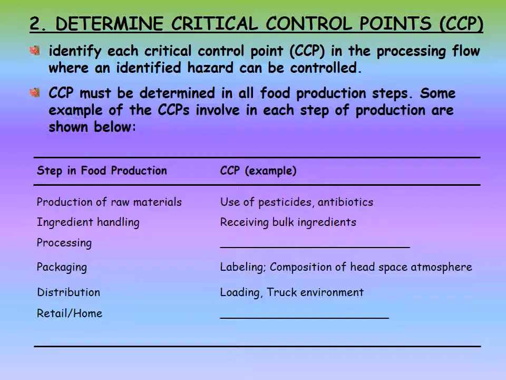For the processing, some of the CCPs involved are product formulation, cleaning, retort process. For the retail or home, some examples of the CCPs involved are storage condition and also cooking procedures.